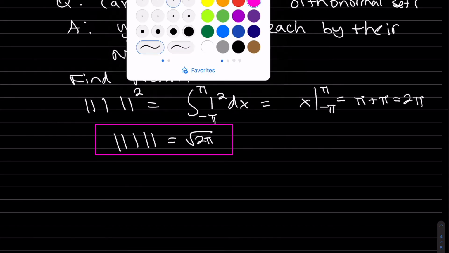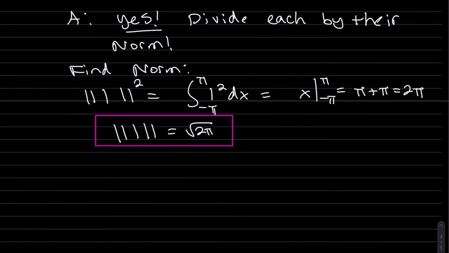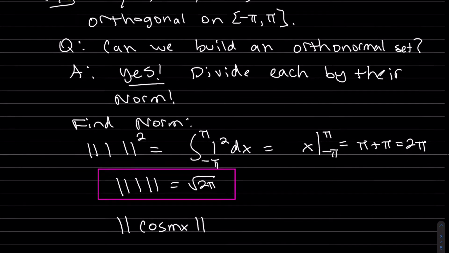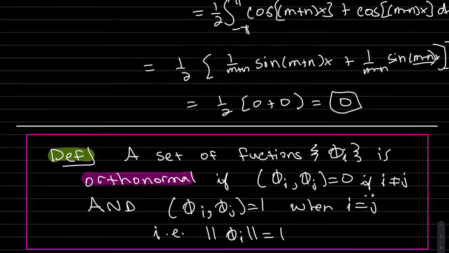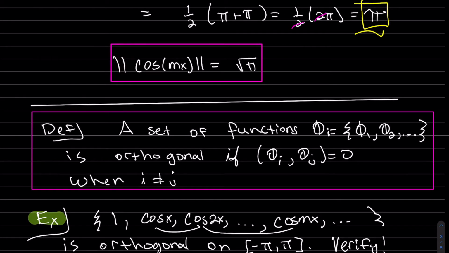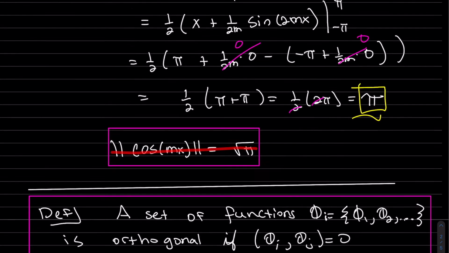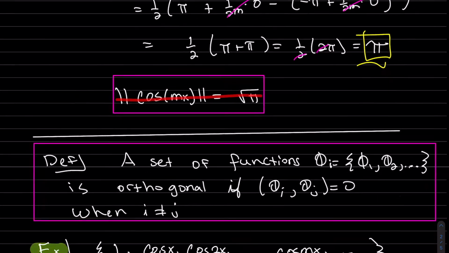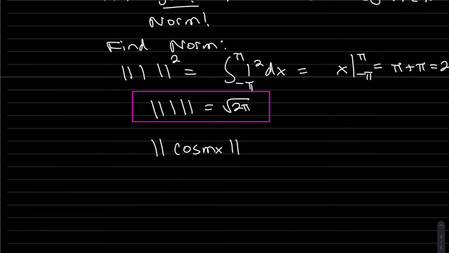All the others are the magnitude of mx, where m could be 1, 2, 3, forever. Didn't we already do that one? Oh wow, look at here. The magnitude here was the same integral from minus pi to pi. It's the square root of pi, so we don't have to do that again.